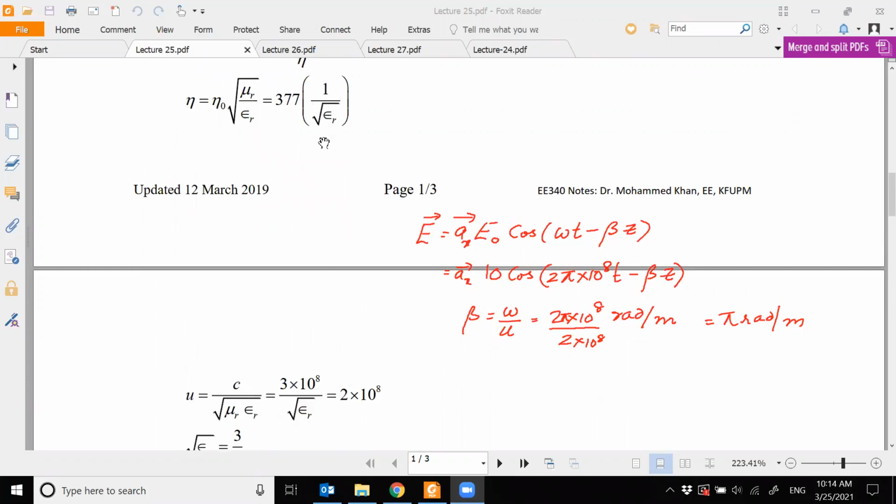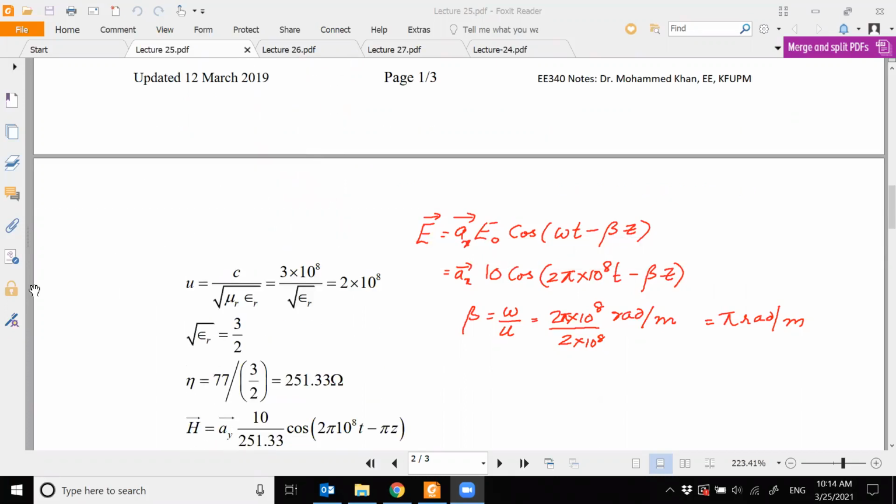So how do you find epsilon r? In this way, because we know our phase velocity, and the phase velocity is nothing but c over root of mu r epsilon r. Here everything is known to us except the epsilon r. So therefore, your root of epsilon r is 3 over 2.